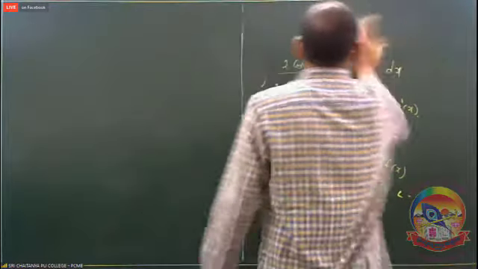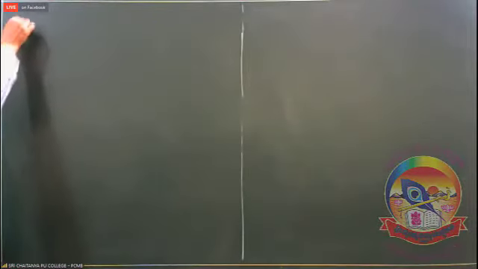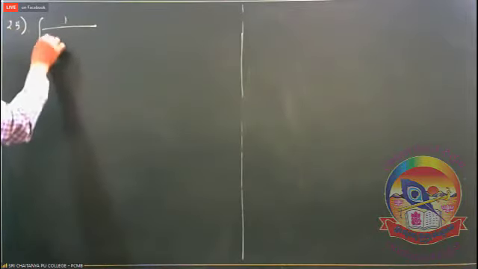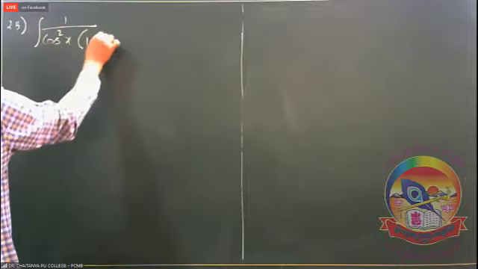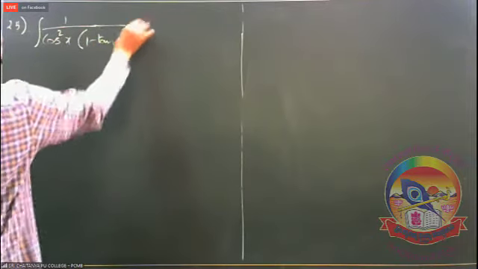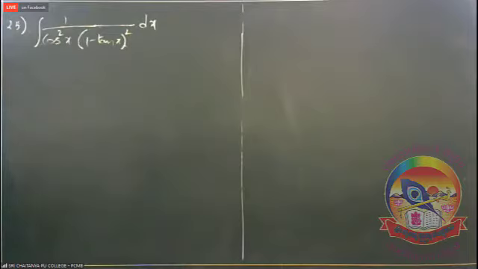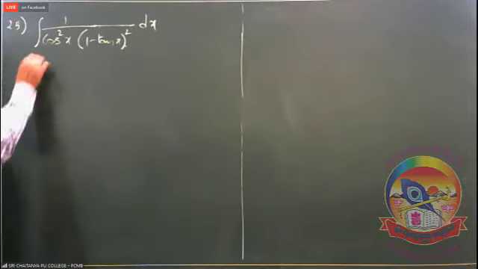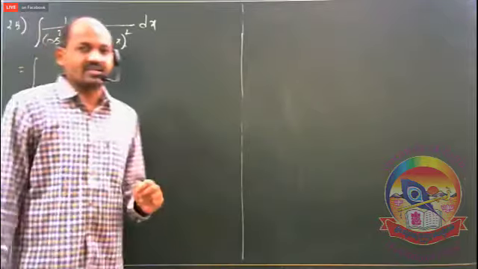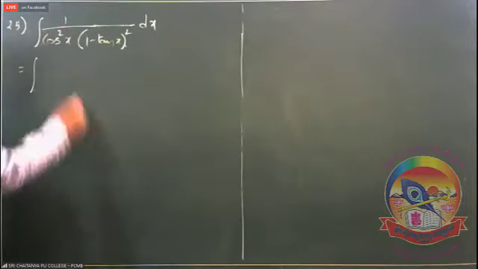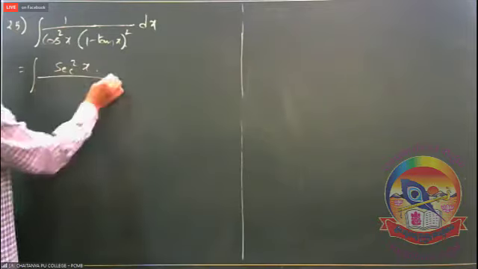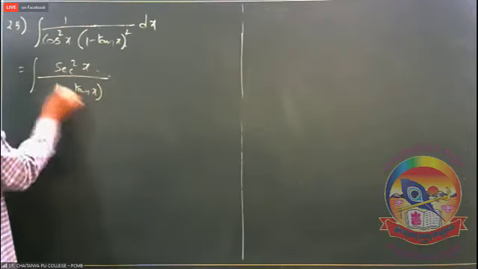Next one. Integral of 1 divided by cos square x into 1 minus tan x whole square dx. You know that 1 by cos is equal to secant, so 1 by cos square is secant square, divided by 1 minus tan x whole square.